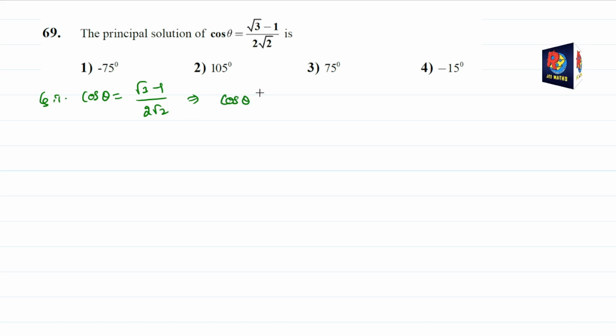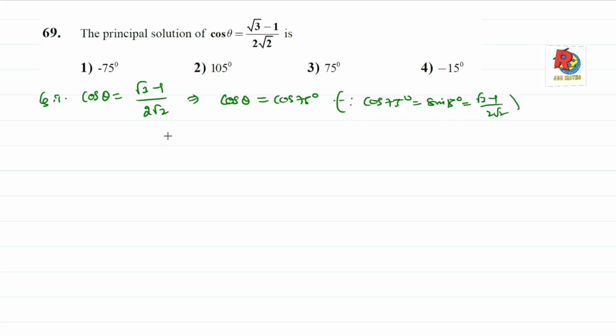So I can write cos theta equals cos 75, since cos 75 is equal to sin 15 degrees, and that value equals root 3 minus 1 by 2 root 2.